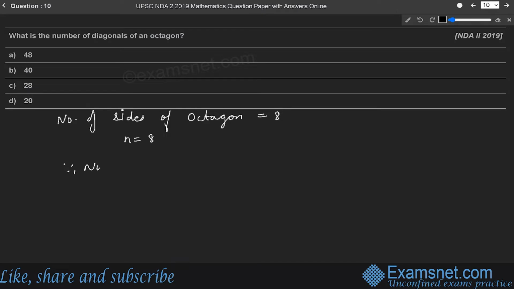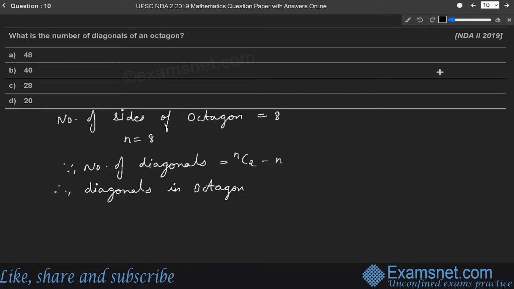Since the number of diagonals is equal to nC2 minus n, therefore diagonals in an octagon will be equal to 8C2 minus 8.